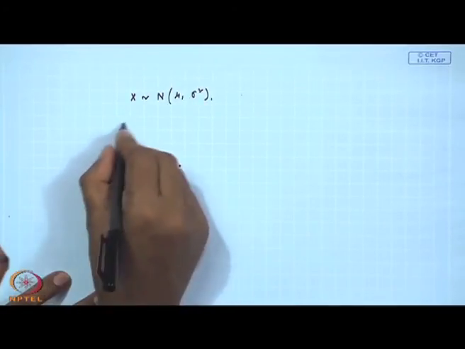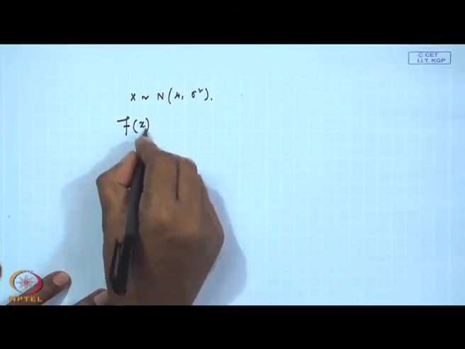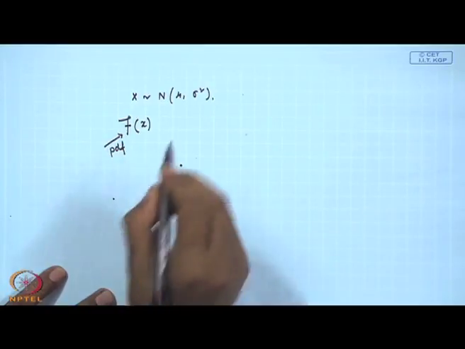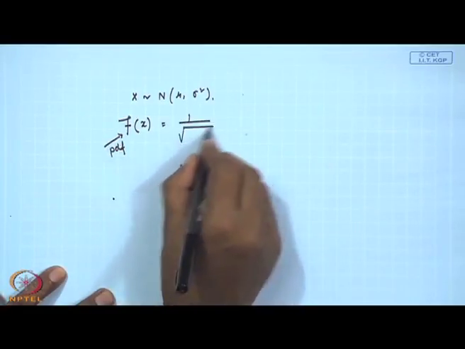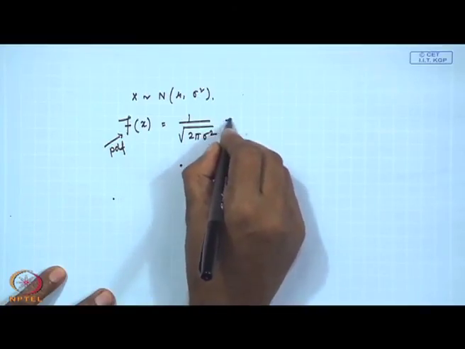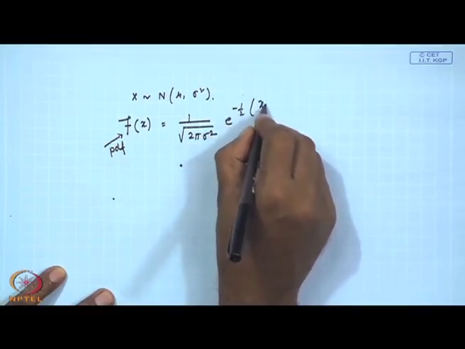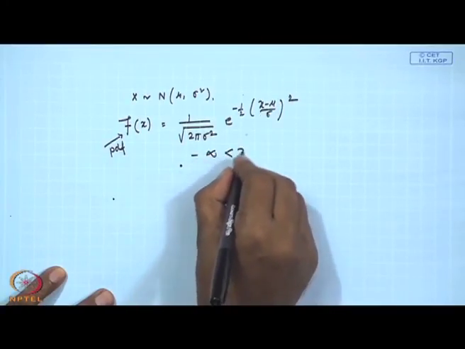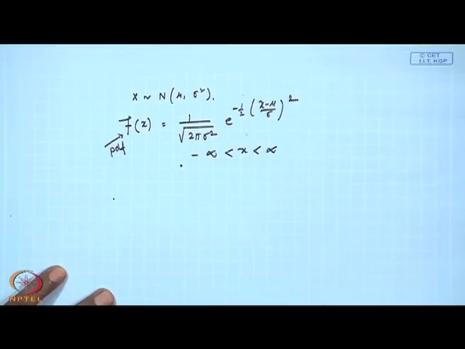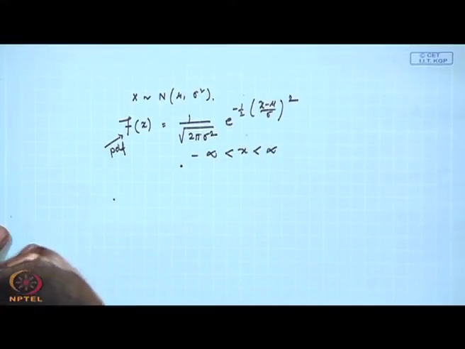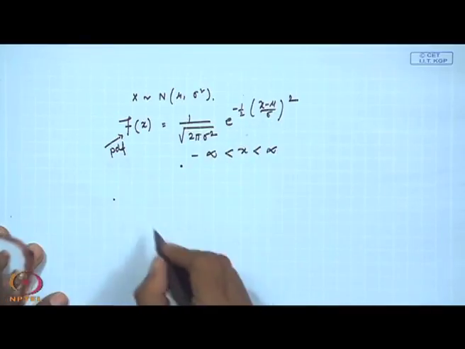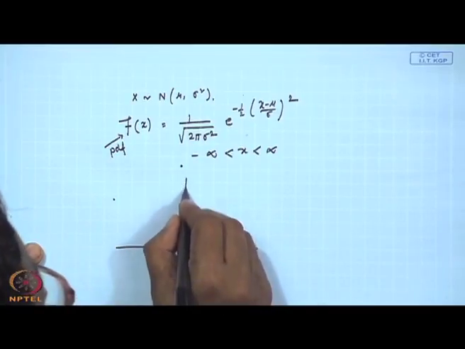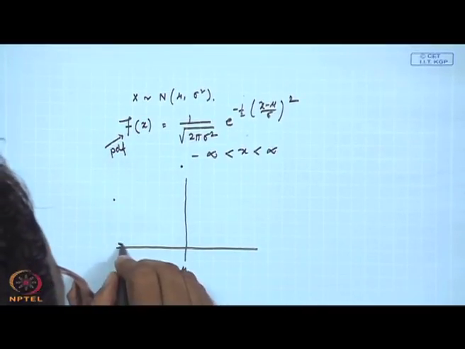Then the probability density function of x, f x, is 1 by root over 2 pi sigma square, e to the power minus half x minus mu by sigma square, where minus infinity is less than x less than plus infinity. This is what you have seen earlier, our normal distribution.